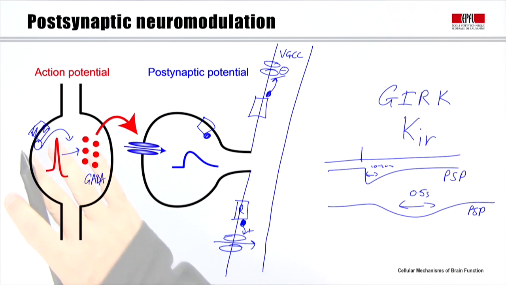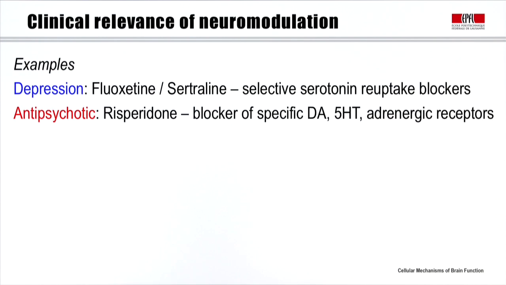So there are both presynaptic and postsynaptic effects of neuromodulation, and both of them contribute equally importantly to the neuromodulation of brain function. One of the exciting features about neuromodulation is its clinical relevance. The location of where receptors are expressed to the different neurotransmitters turns out to be highly specific. So some cells express one type of dopamine receptor, others will express another type of dopamine receptor.